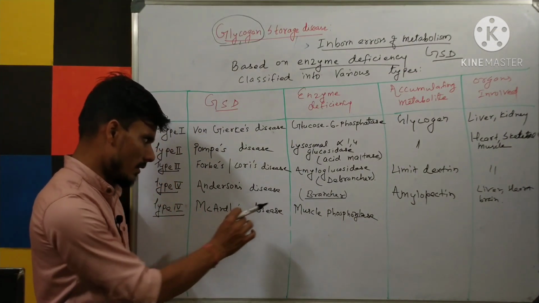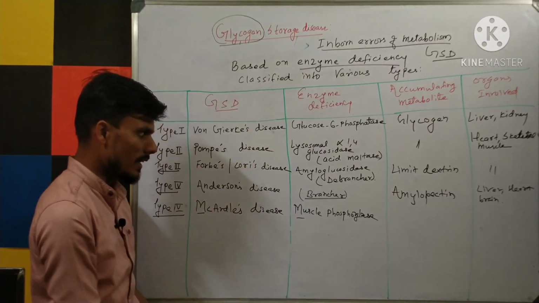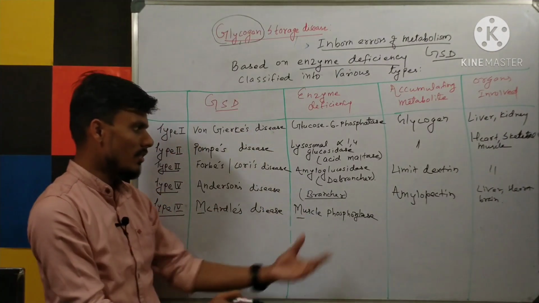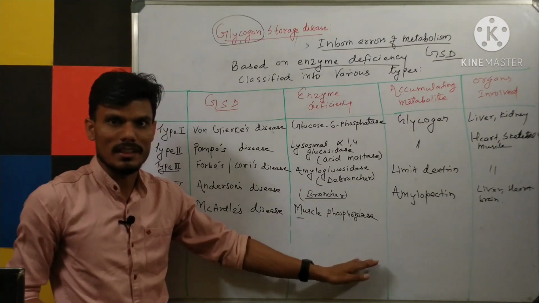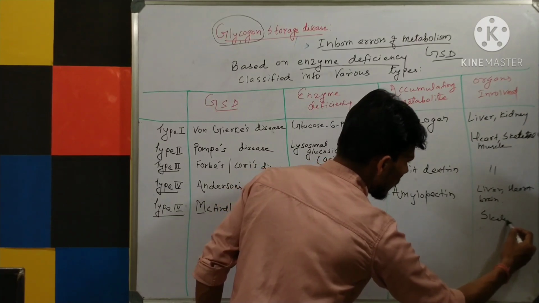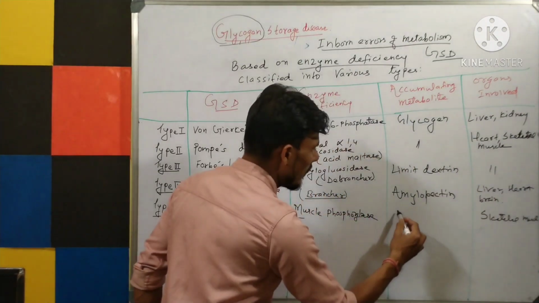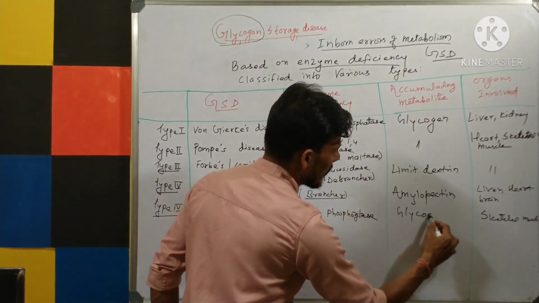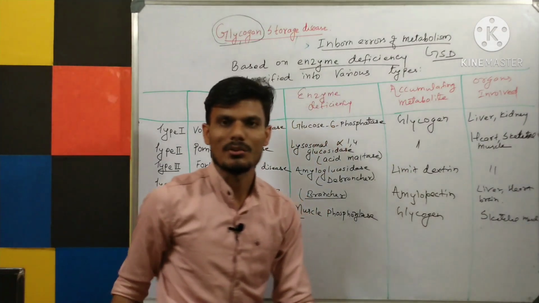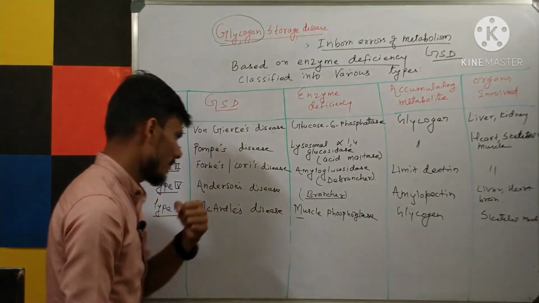You can remember it like this: McArdle's has M, for muscle phosphorylase. Of course, it will be present in the muscle, so it can affect the skeletal muscles. Skeletal muscle is most commonly affected here, and the metabolite will be glycogen only, as we are studying glycogen storage disease.